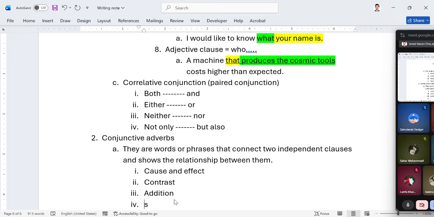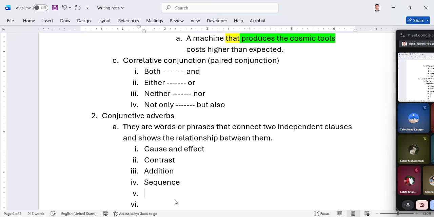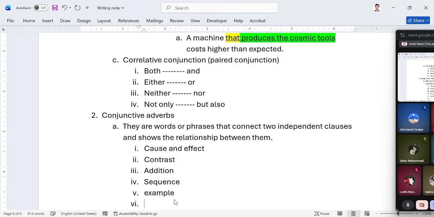We may have a sequence relationship. We may have an example relationship. Besides that, condition as well. So these are the most important relationships we have for the conjunctive adverbs.